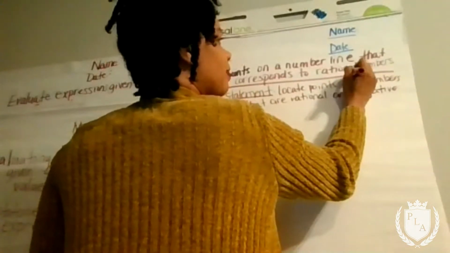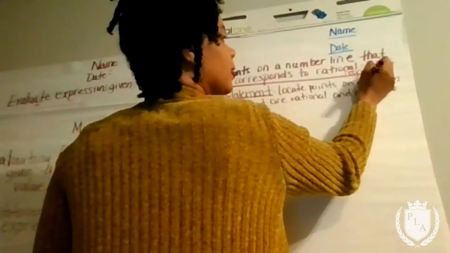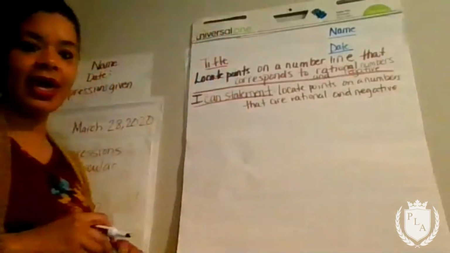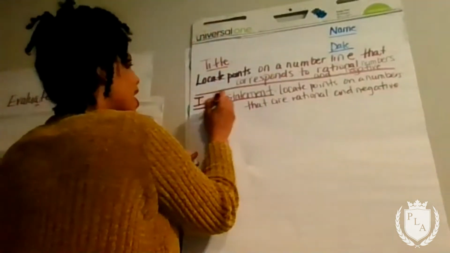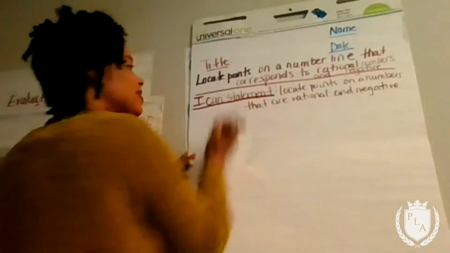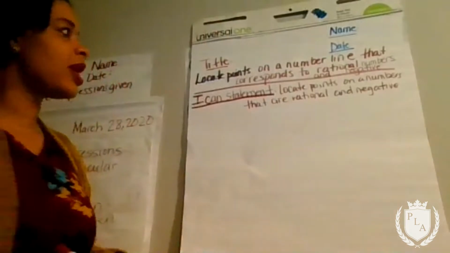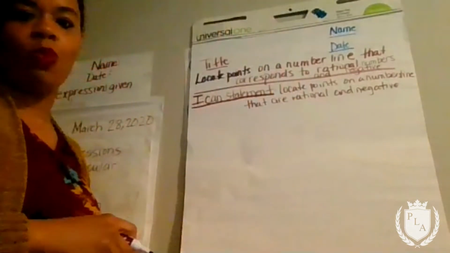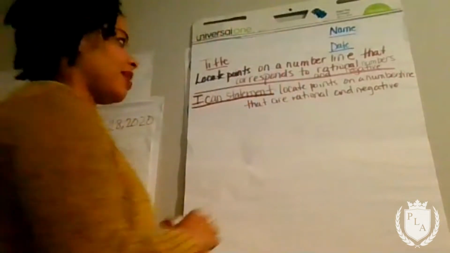Let's put negative up here. So this is our I can statement. Locate points on a number line that are rational and negative.